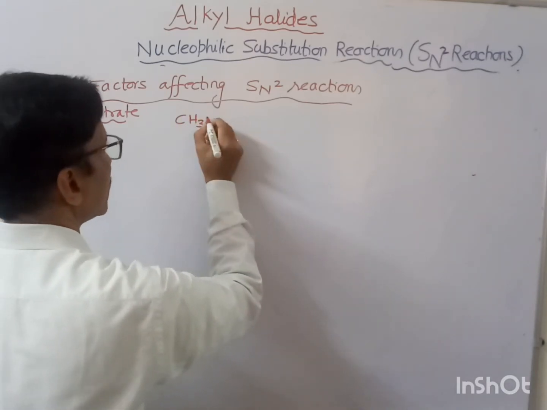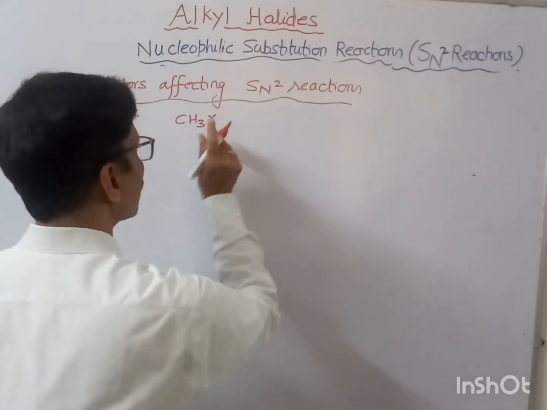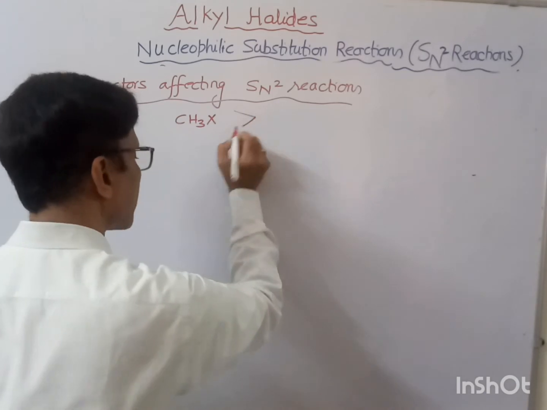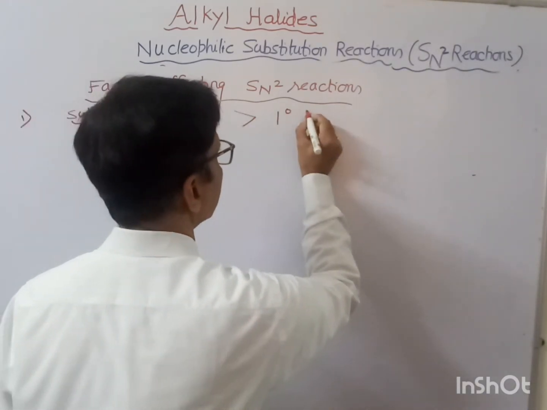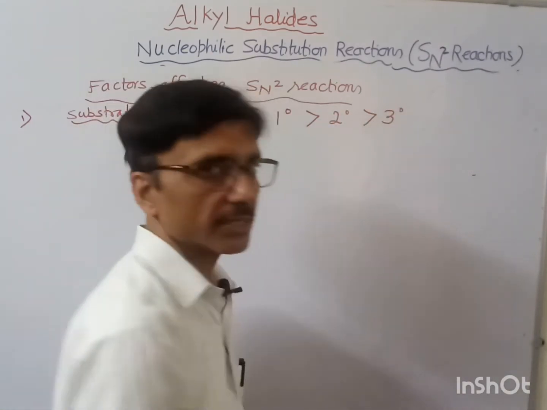Methyl halide favors it: the rate of substitution of methyl bromide or methyl halide is faster in comparison to the primary alkyl halide, the secondary alkyl halide, and the tertiary alkyl halide.